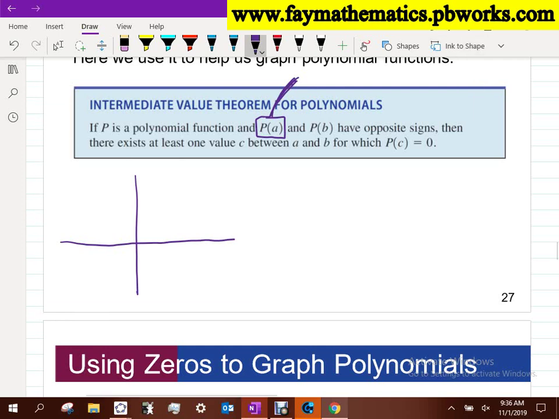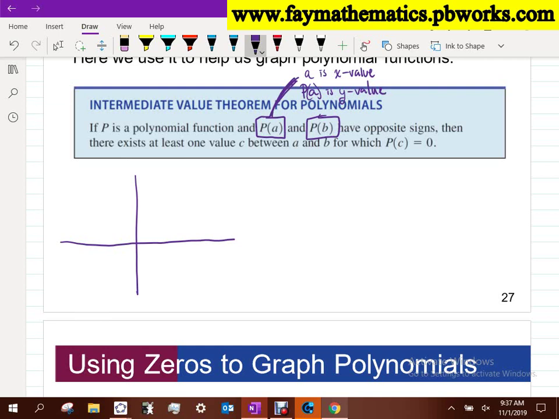So A is the x value, and P of A is the y value. Then B is an x value, and P of B is a y value, right? It would be much easier to understand this if they were to say that, but they don't want to spend a lot of time writing that out, so they use the notation that we hopefully learned. So P of A is a y value.